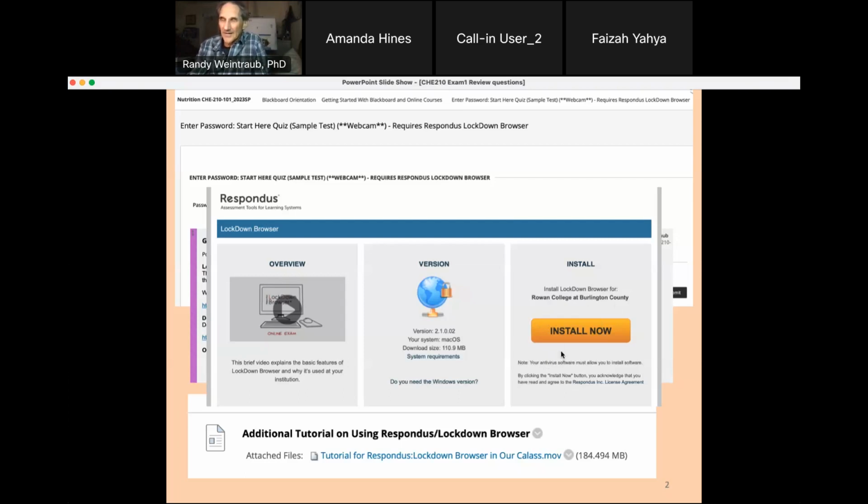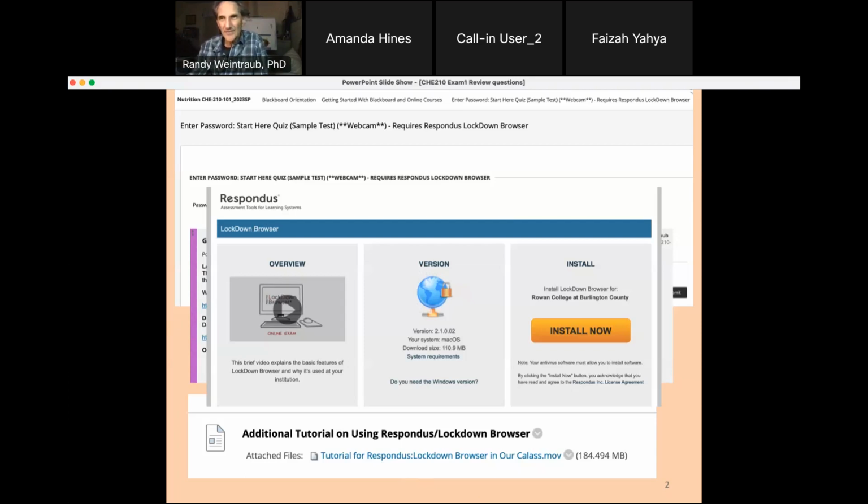So this is how you install it, and then when you have it, this is the icon that might be put on your desktop, or if you have a Mac, it might appear on your dock. But you'll see it as an app, just like your other browsers.